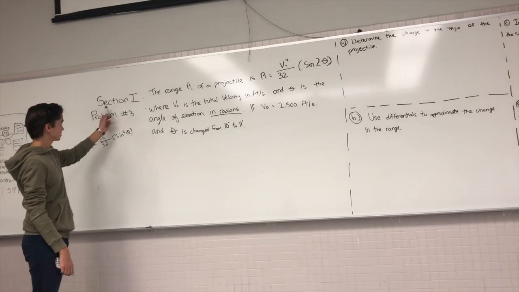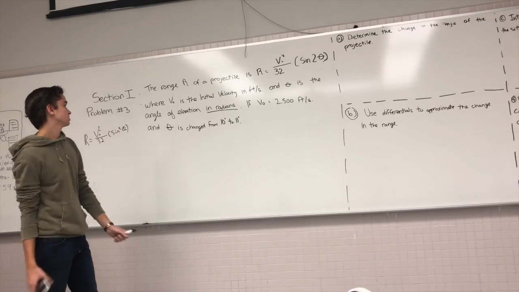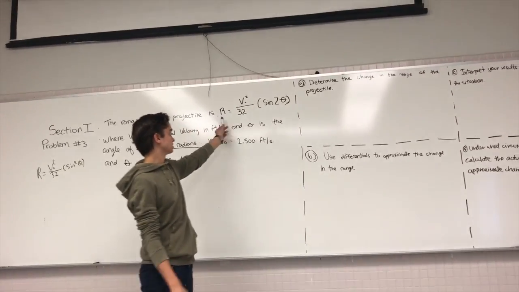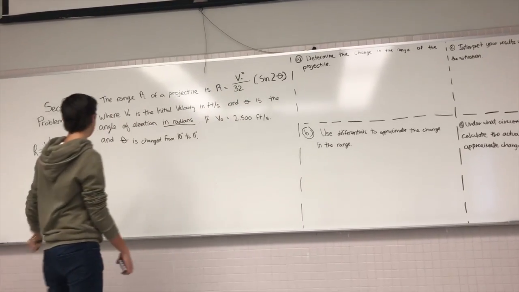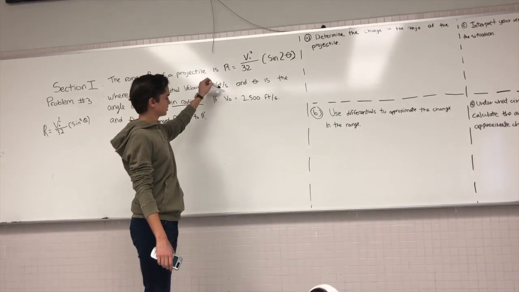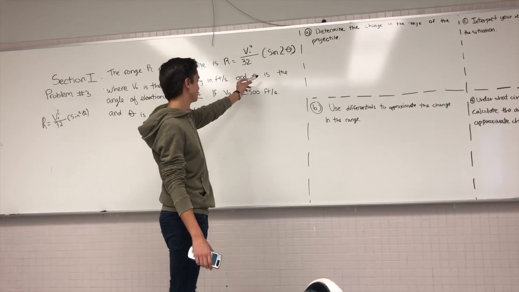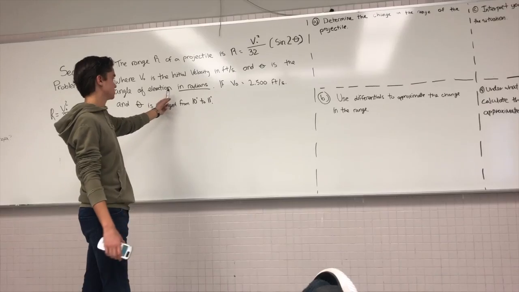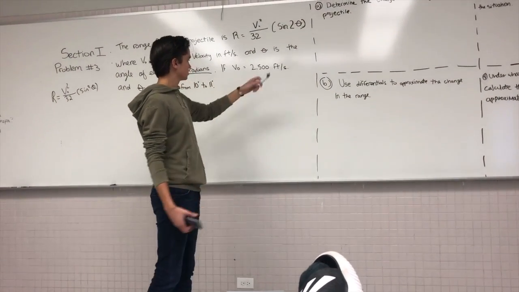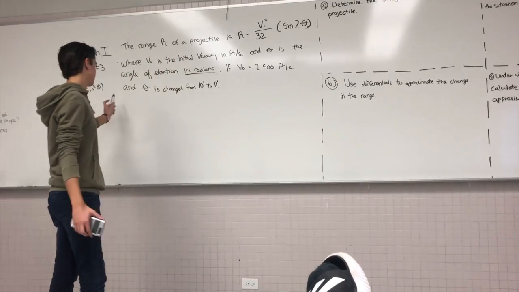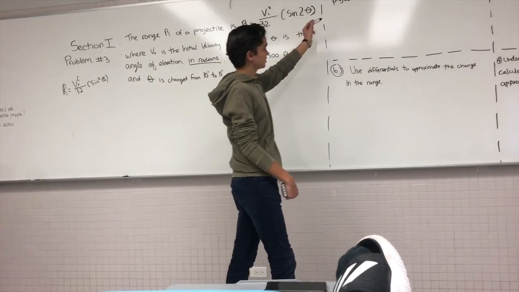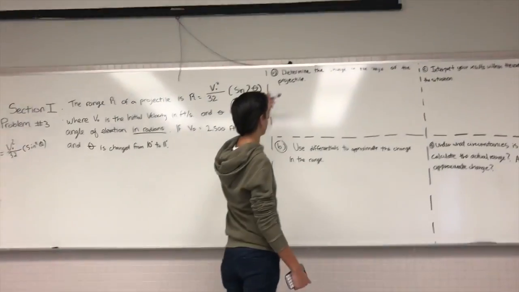We will solve the section 1 problem that is asking the range R of a projectile, and they give you this formula, where the initial velocity is in feet per second and the angle is the angle of elevation in radians. If the initial velocity is 2500 and the angle is changed from 10 to 11, then determine the change in the range of the projectile.